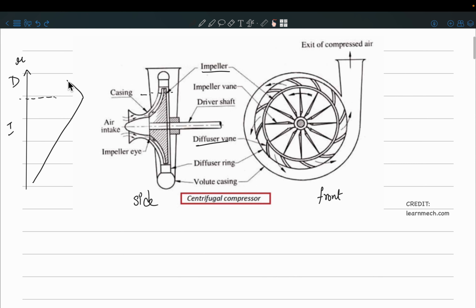Is this part clear? So what about pressure? What happens to pressure in the impeller? In the diffuser, you said that pressure energy is increasing. So pressure is increasing in the diffuser. What happens to pressure in the impeller? What is the work of a compressor?